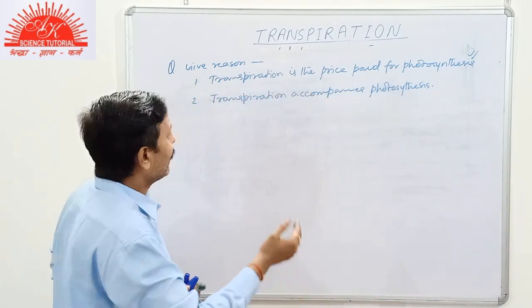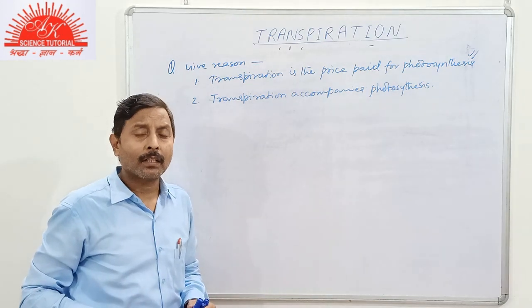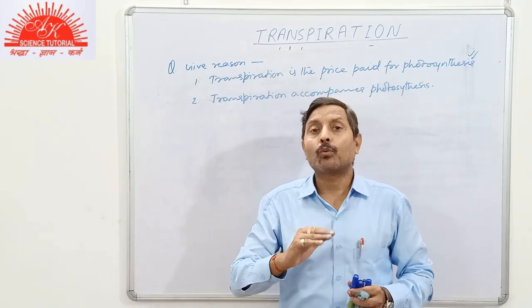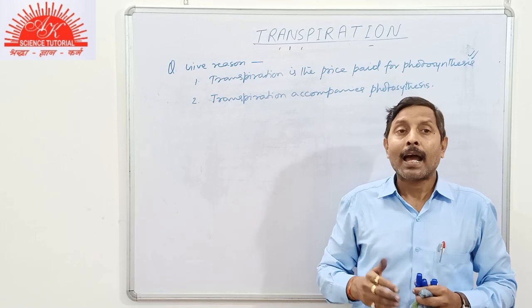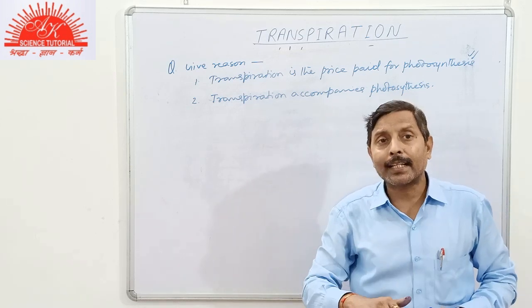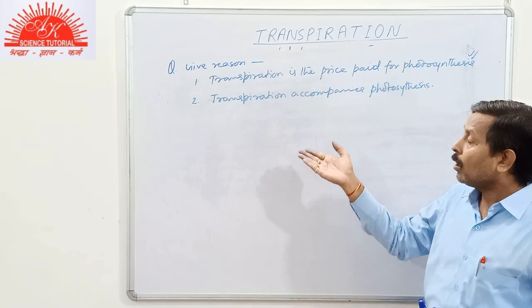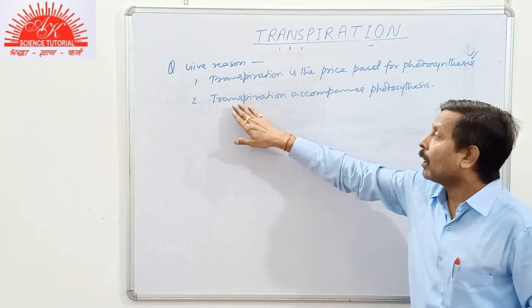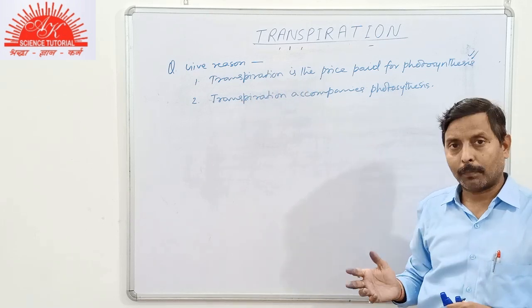Or we can further write for this one, transpiration accompanies photosynthesis. That is, during daytime, stomata open to allow diffusion of CO2 for photosynthesis, and through that opened stomata, water is lost by transpiration. So when photosynthesis takes place, through the opened stomata transpiration will also take place.